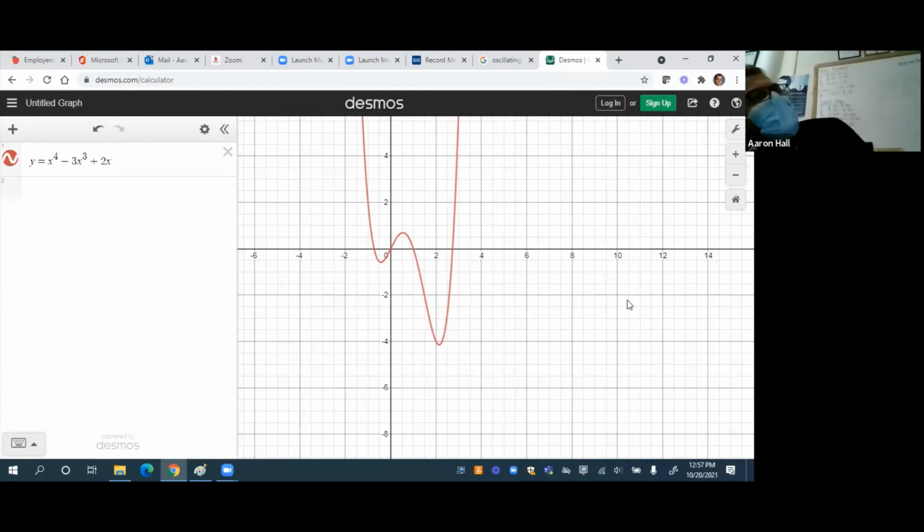What kind of function family does this belong to? Quartic, yeah. The degree is 4, so this is quartic. What do you think the derivative function is going to look like? Cubic. It's cubic, yeah, because we always subtract 1 from our exponent using the power rule.